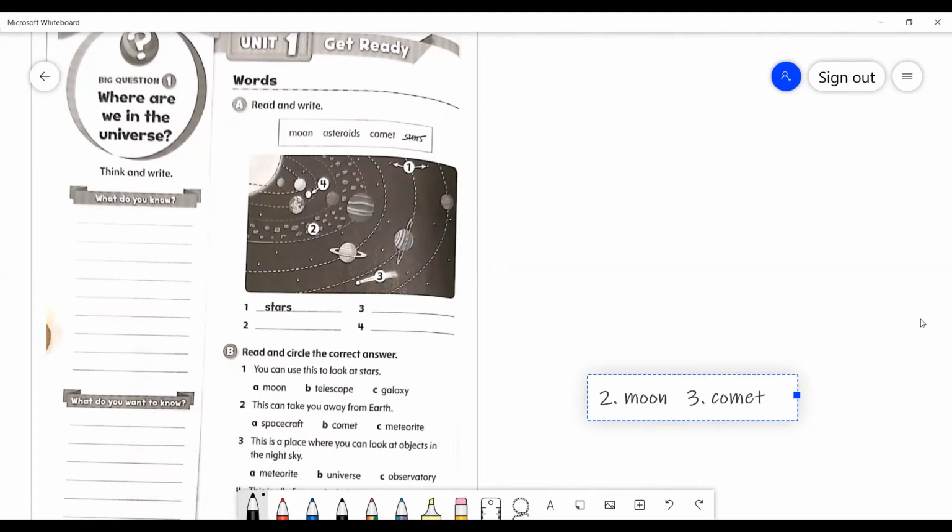Number 3 will be comet. Number 4, asteroids. Number 4 is asteroids. This is part A.